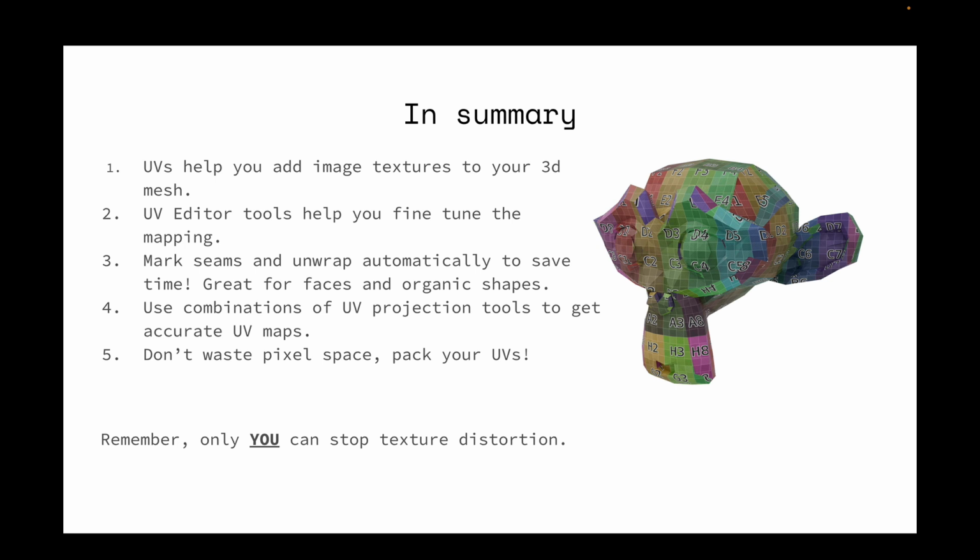If you want to use some of the automatic tools, you have to do some setup work like marking your seams and thinking ahead about how you want that object to unfold. And you can use a combination of projection tools that are built into the software and UV unwrapping and other UV tools to get your UV layouts and your UV maps created.